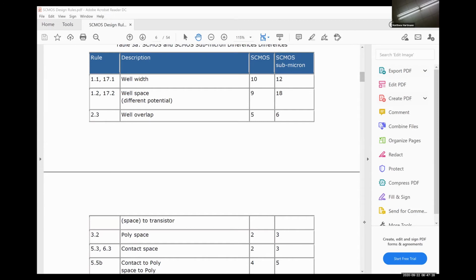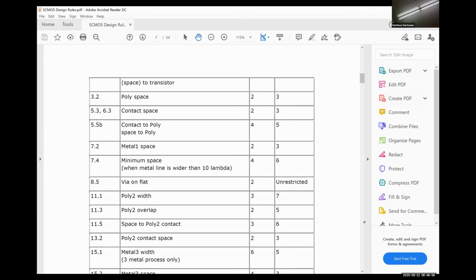And so the minimum well width is 12 lambda in this case, okay? So all of these rules are scalable. There's actually only one rule in this entire document that isn't scalable, and it's the size of the bonding pads, for your chip to receive external signals. And we'll talk about that specifically, I think in the next class period. So the minimum width is 12 lambda, right?